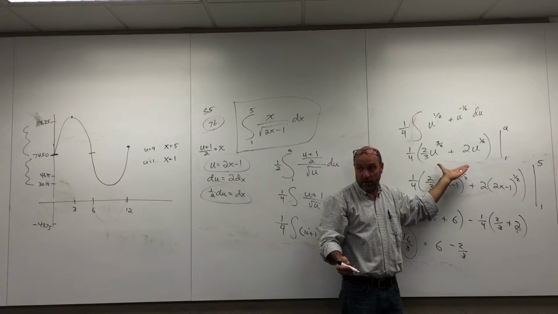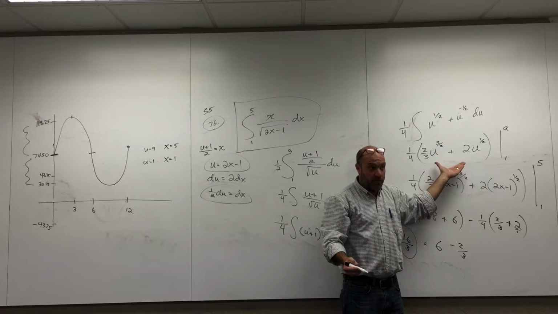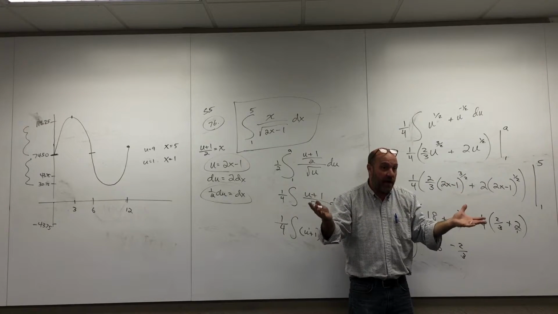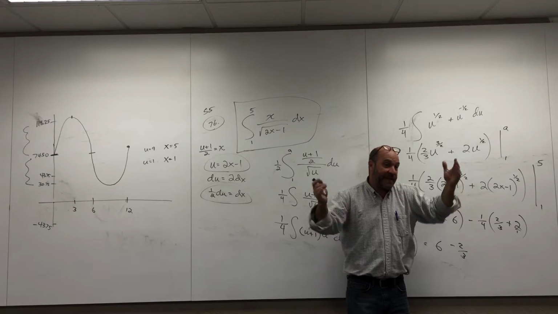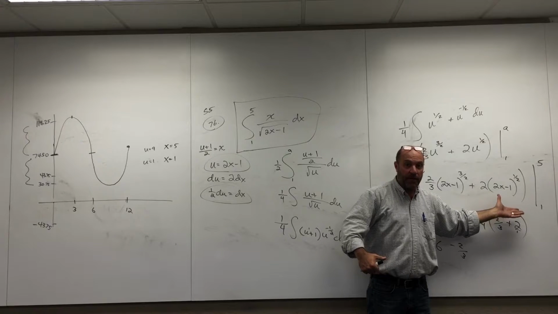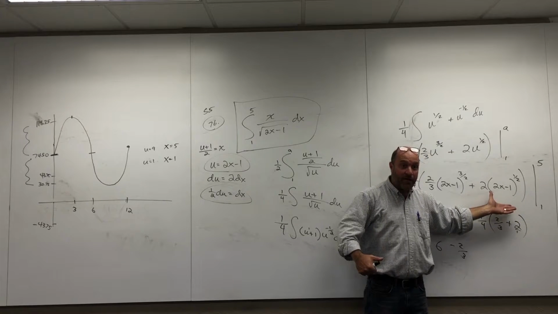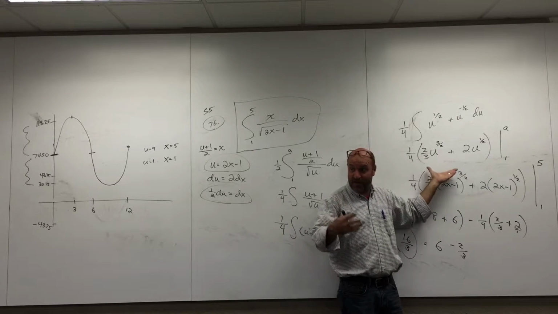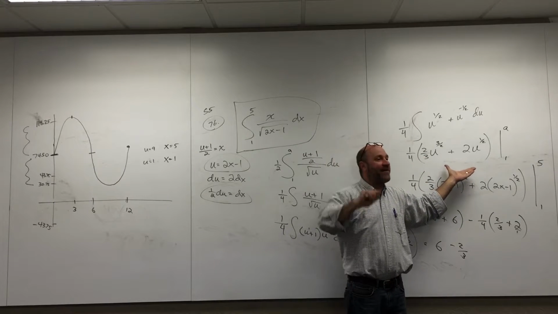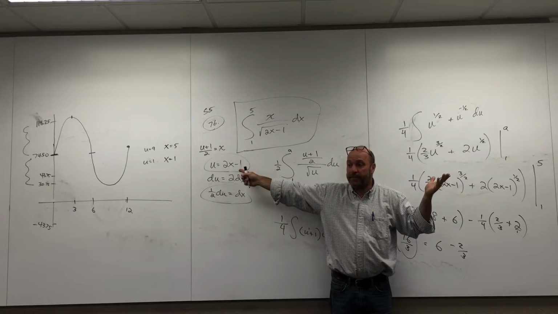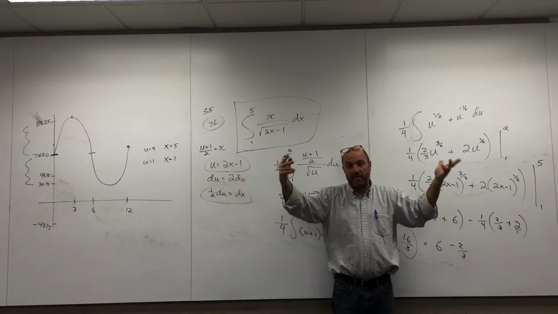It's very logical. So it's one or the other. I'm not really advising one's better than the other. I tend to go back to x's and use the original x bounds. That's what I tend to do. But you can stop here. Don't go back to x's. Get your answer in u's and use your new u bounds that you find by this relationship here. You can change your bounds into u's.